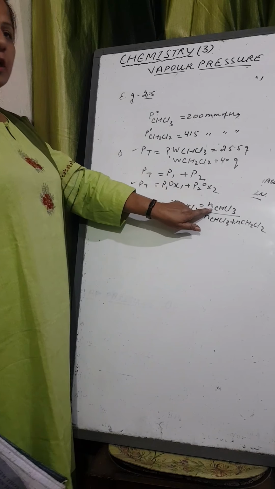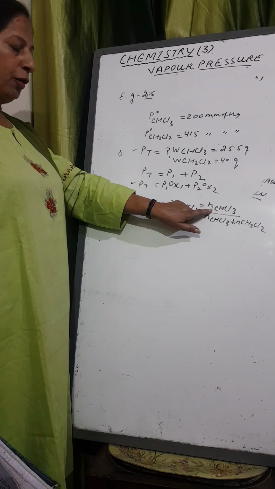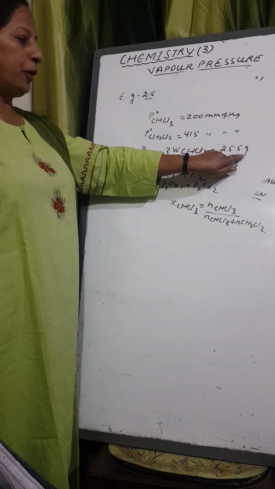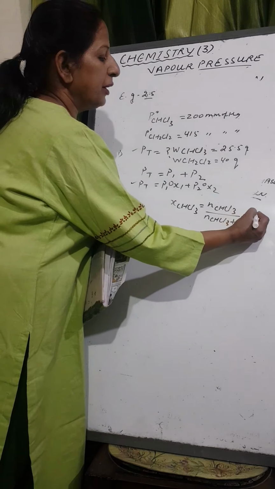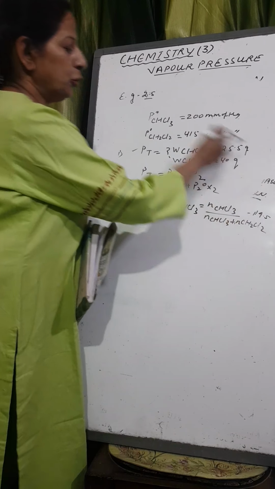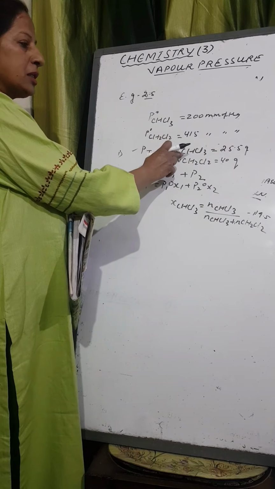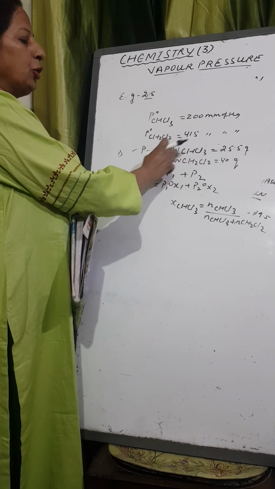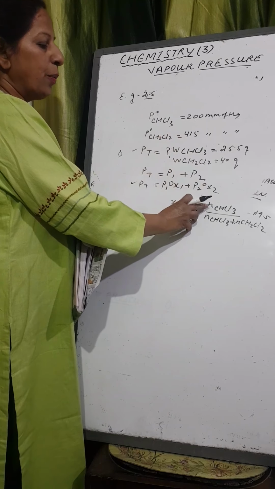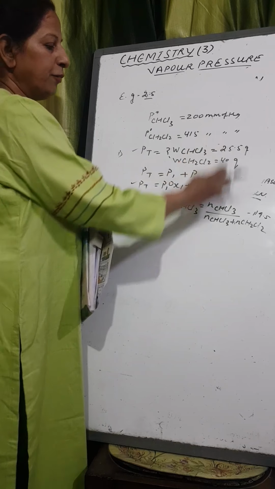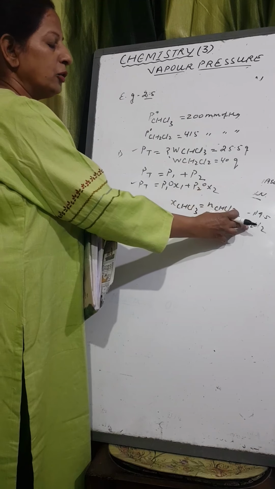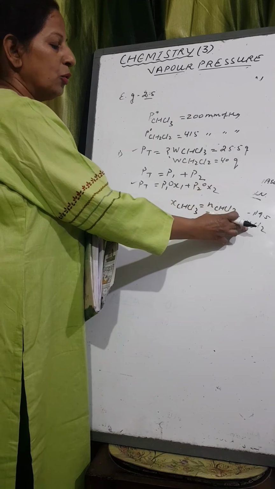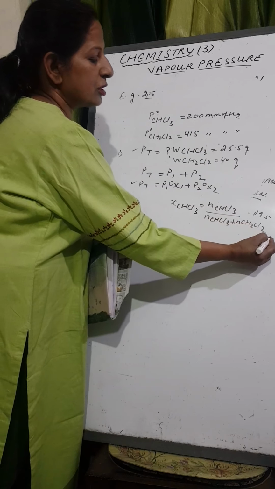Now we can find out the moles of chloroform by dividing 25.5 by the molar mass of chloroform, and this is 119.5. You just add the atomic masses of the constituent elements, you will get the molar mass. So by dividing 25.5 with 119.5, you will get its moles. To find out the moles of CH2Cl2, divide 40 gram by the molar mass of CH2Cl2, which is 84.